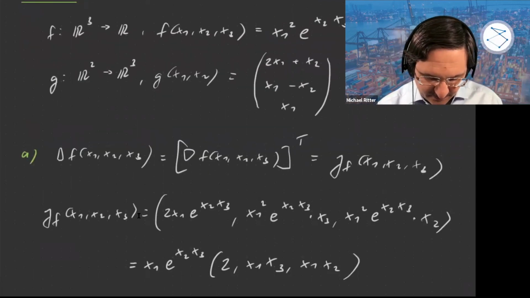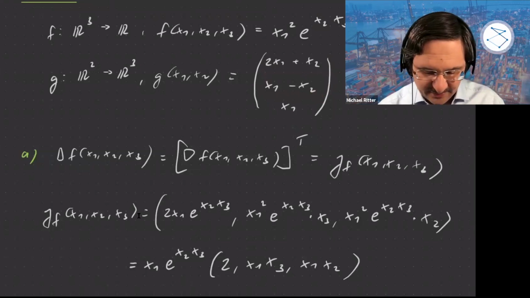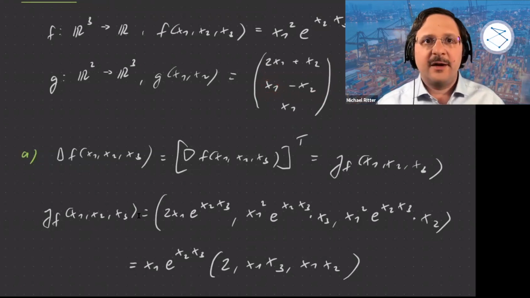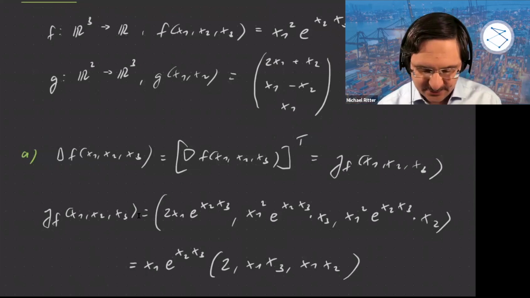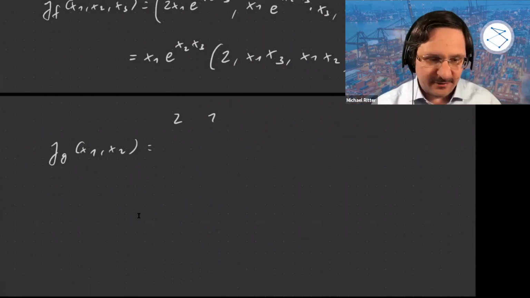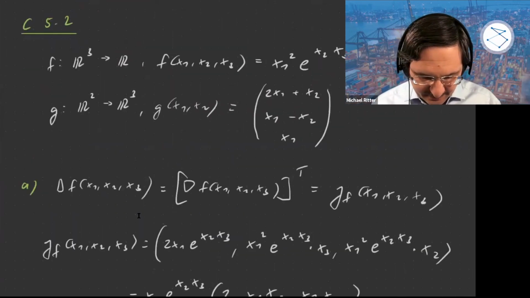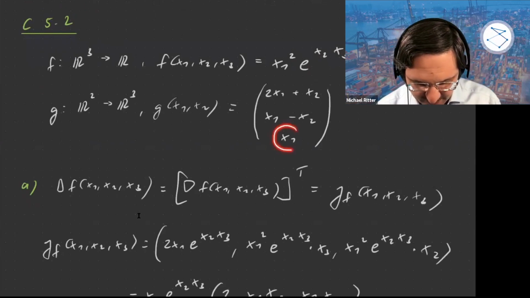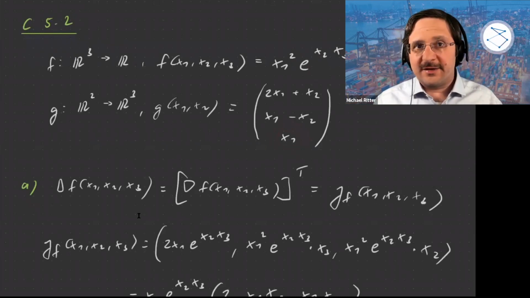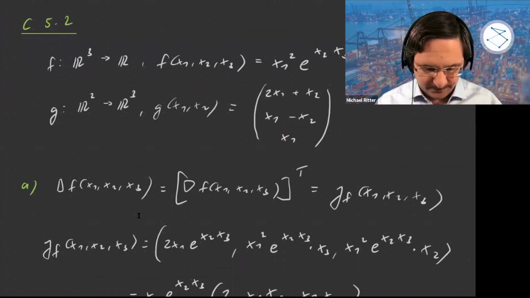For the second row, differentiating with respect to x1 yields a factor of 1. And if we differentiate with respect to x2, we obtain a factor of -1. So the row corresponding to that second factor here is 1, -1. And finally, for the third row, x1, that's a 1 for x1, and the partial derivative with respect to x2 is 0.